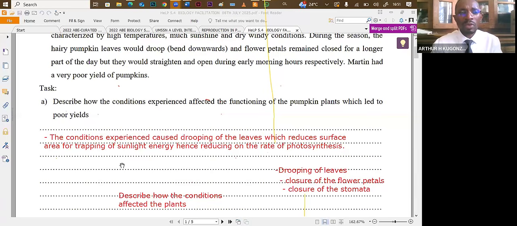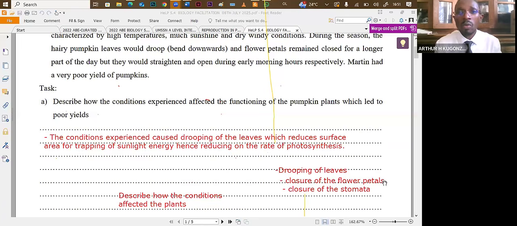Then I like all the schools that have participated in reading the responses. Those responses were actually okay. For example, if it is closure of the flower petals, we say that the conditions cause the closure of the flower petals. Therefore, the pollinators could not access the stigma or the anthers, hence fertilization could not take place, or even pollination could not take place.